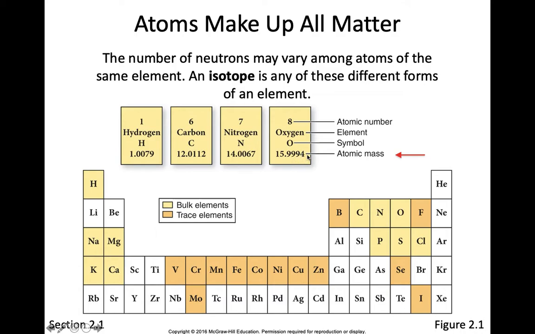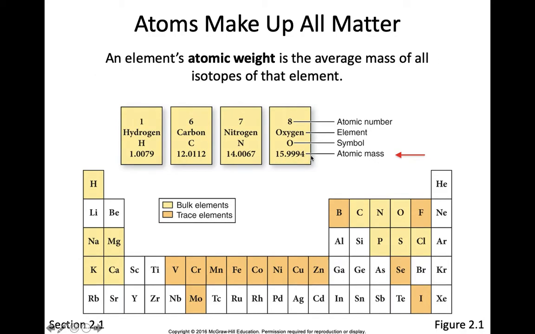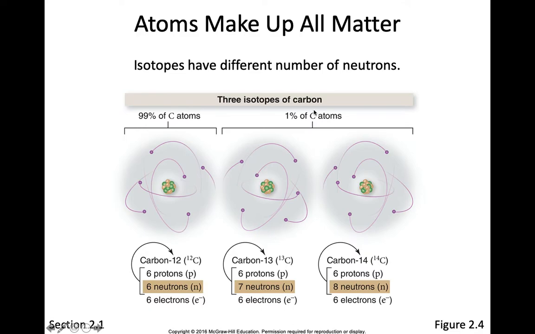It's just enough difference out there to skew it from being a perfect 16. So for our purposes, you guys can just round it off, but just be aware of what these extra numbers here really mean. So the atomic weight down here, the atomic mass, like I mentioned again, is the average of all the different versions of this element that are out there, all the different versions of oxygen.